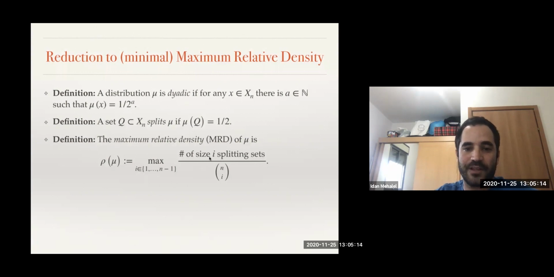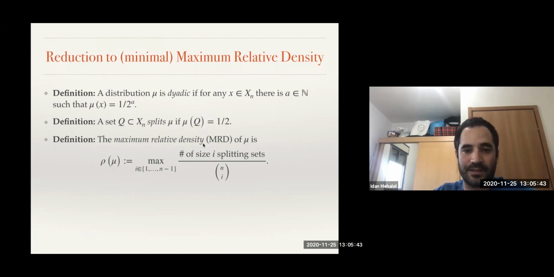The splitting sets are all sets for which the total probability of the elements in the set under mu is exactly a half, over all subsets of size i, when i is chosen to be the i that maximizes this expression over all i's from 1 to n minus 1.